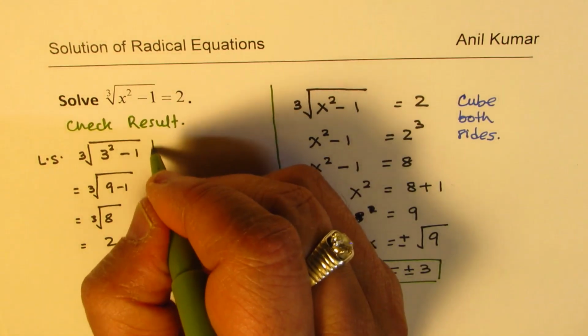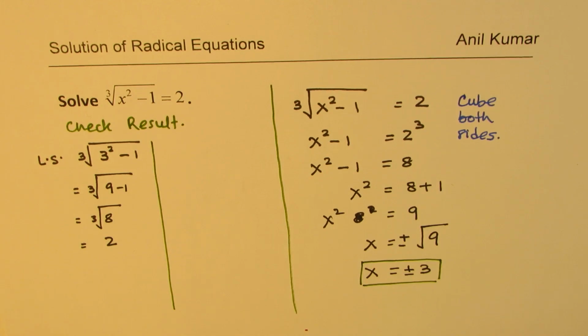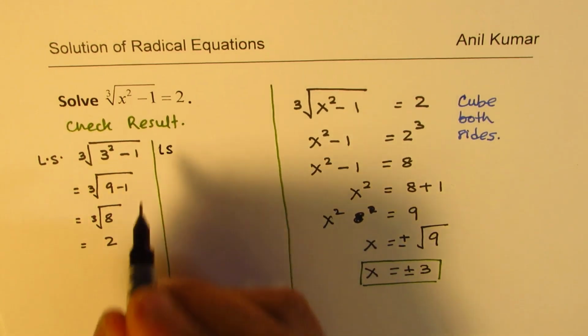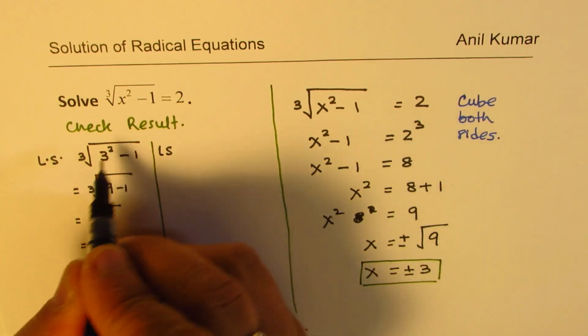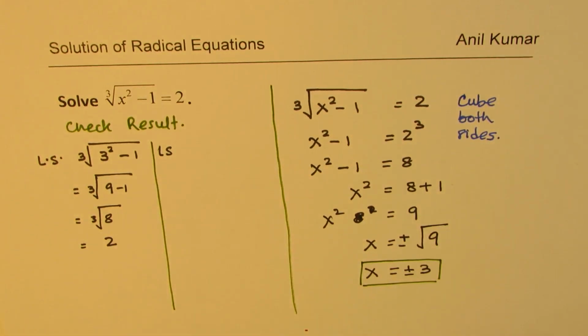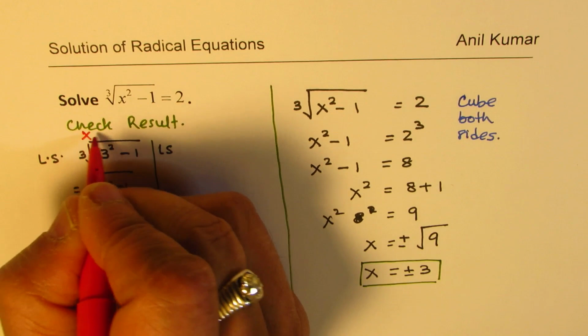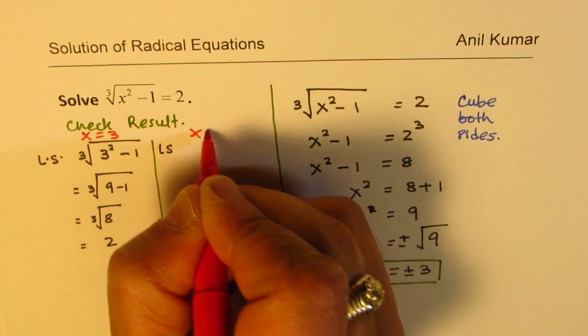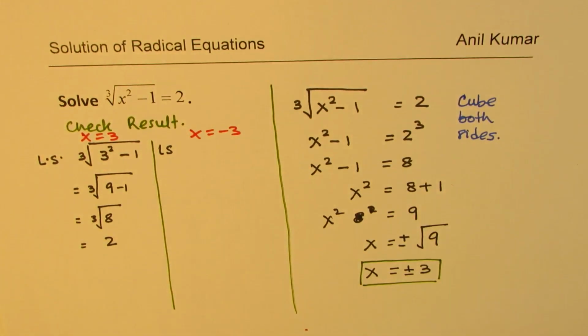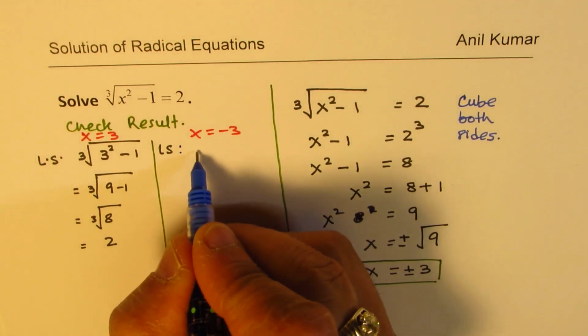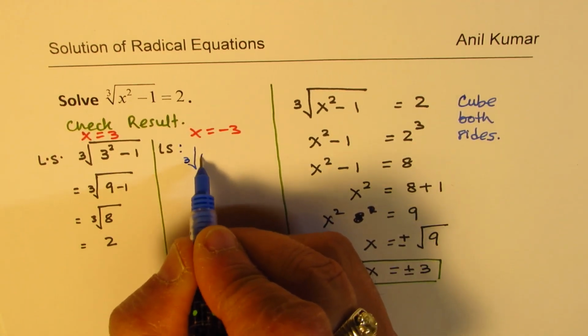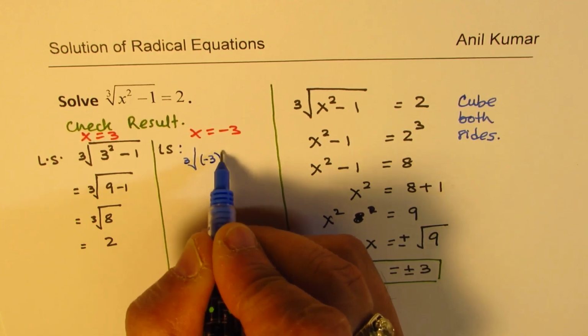Similarly, we'll also check for minus 3. Now let's check for x equals to minus 3. So when you check for minus 3, what do you get? Cube root of minus 3 should be put in brackets.